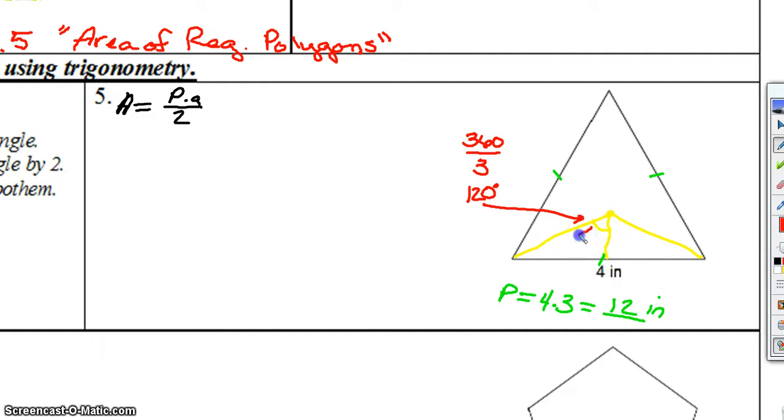And that's actually a very important piece of information. Sorry for the ugly numbers. So let's take that a little bit further. If this angle is 60 degrees, we have a 60 degree angle there.